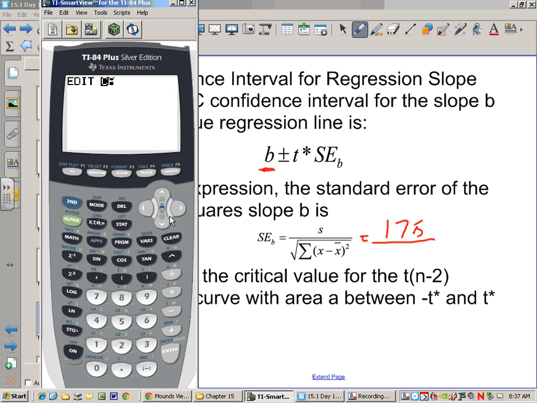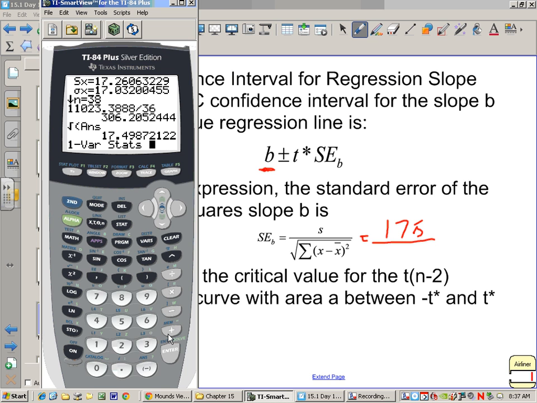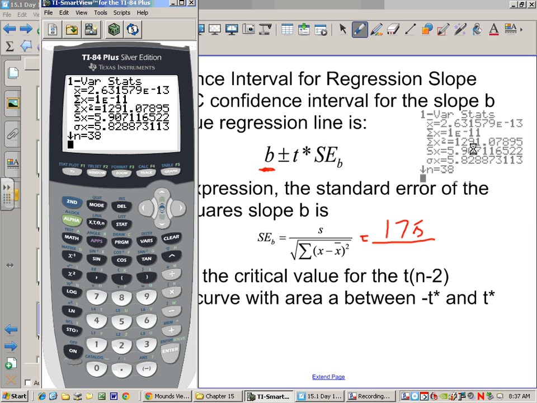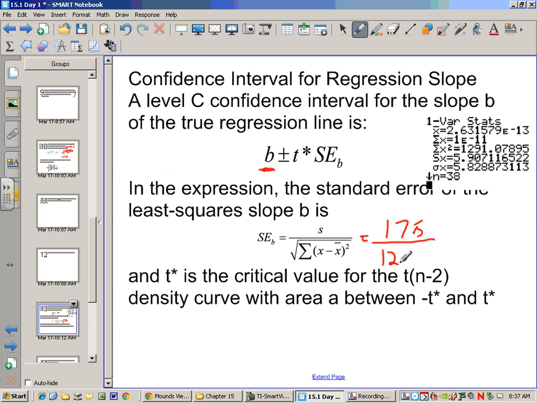So I can hit stat, one variable stats, L4, and notice how that value is 1291.07895. And I want to square root that.